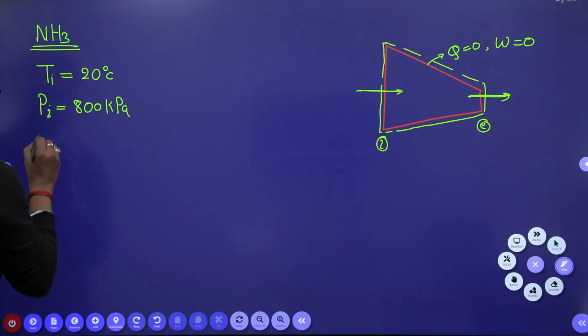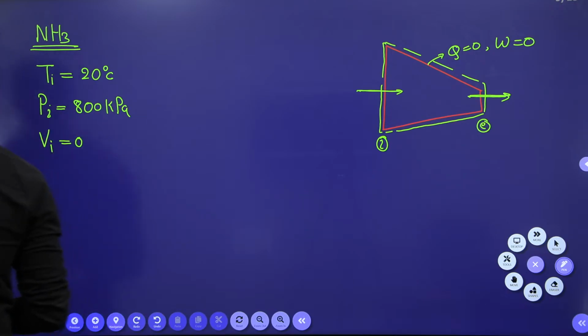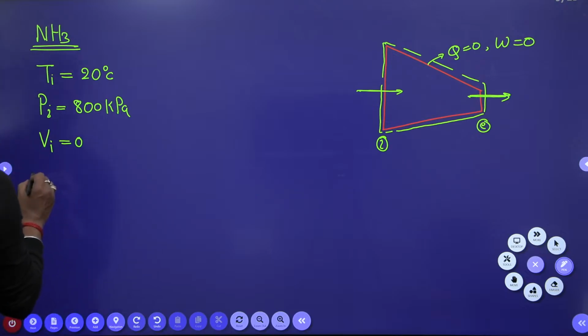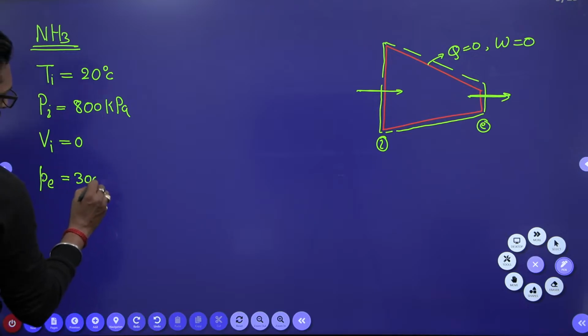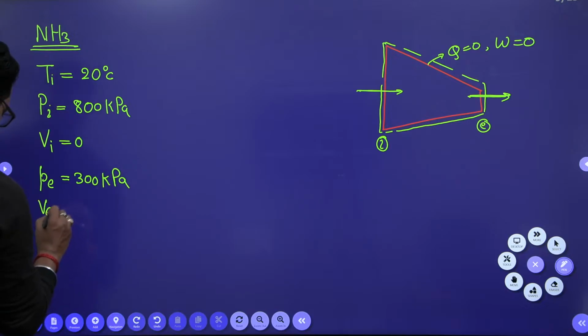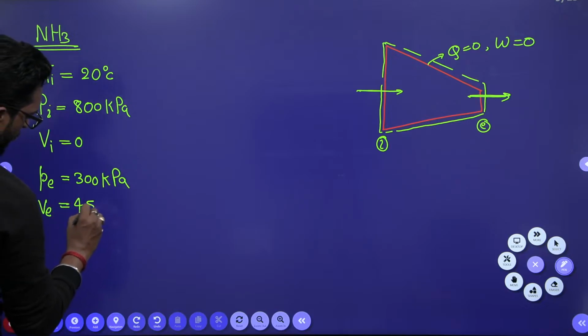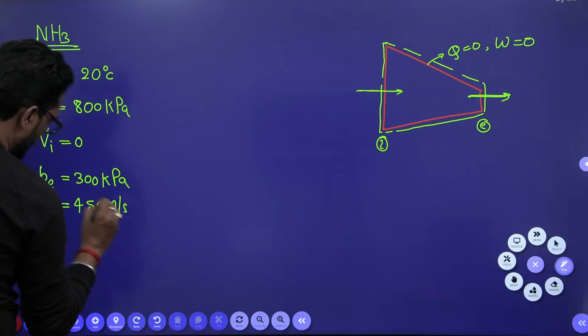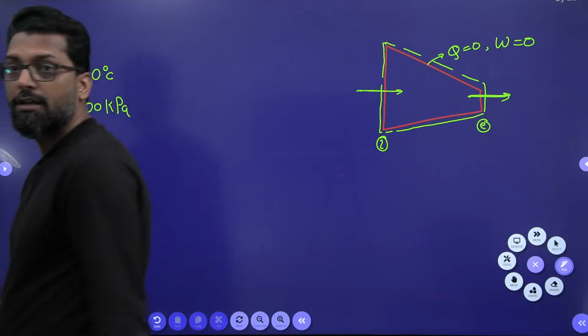Also it is given that the velocity at inlet is equal to 0. This is the inlet condition. Exit condition: P exit is 300 kilopascal, and V exit is given as 450 meter per second. Okay.